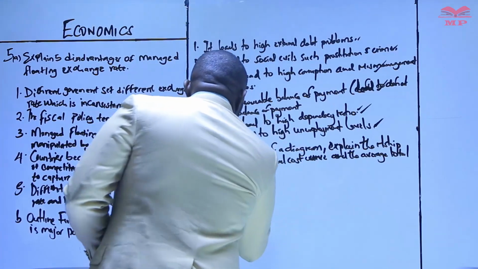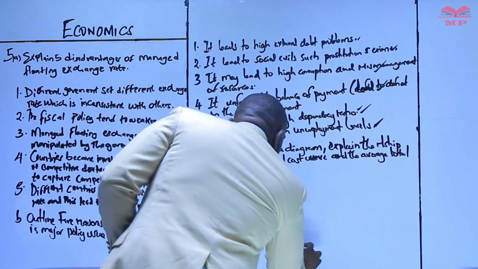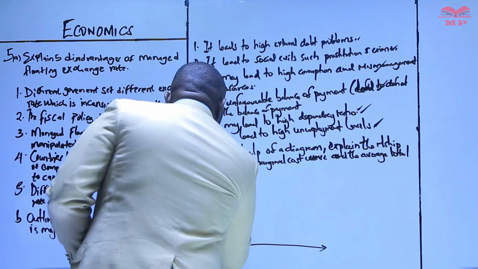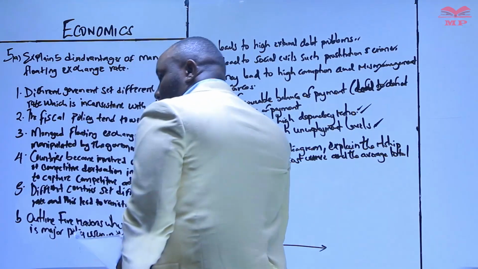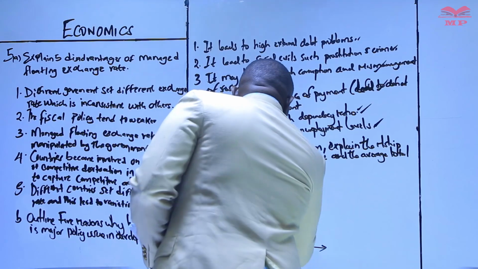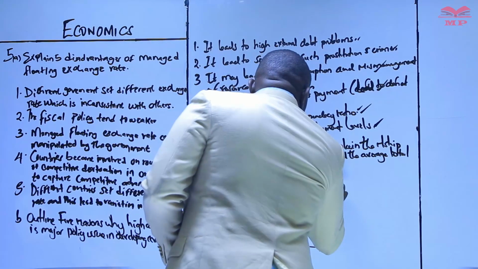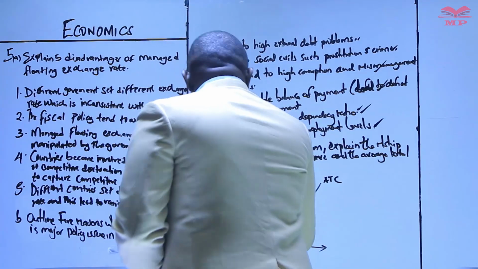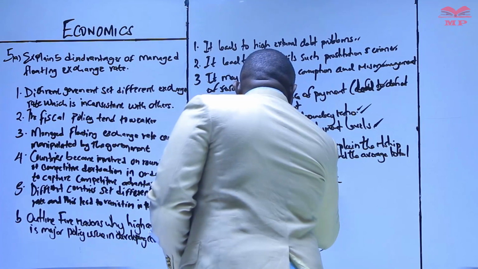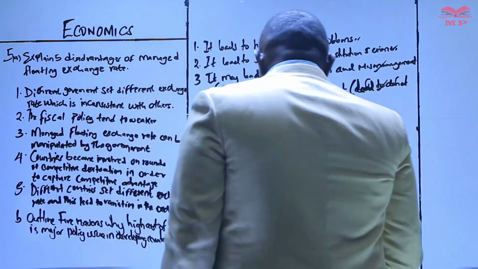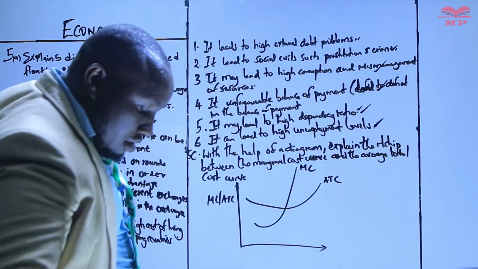On the y-axis we have MC and ATC. This is the ATC, then we have the marginal cost.